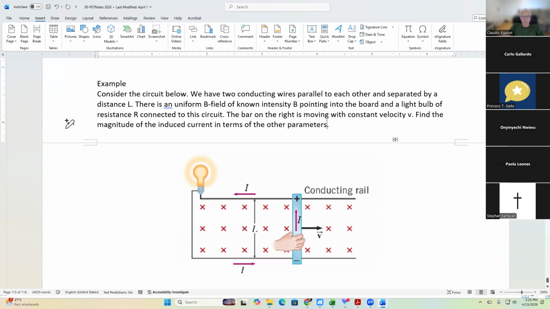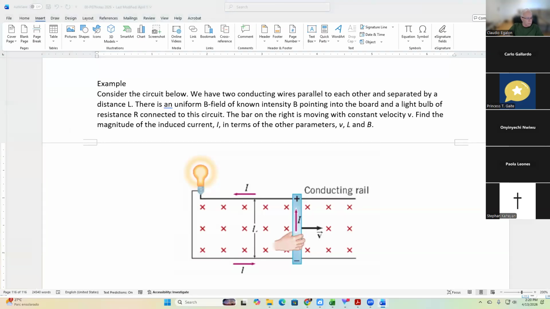The other parameters means what? V, velocity, L, and B. V, L, and B, right? Find the magnitude of the induced current, I, in terms of the other parameters.